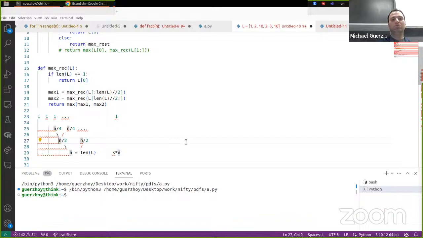So in total, you're creating two quarters here, and over here, you're also creating two quarters. So you are doing 4 quarters of L, which is the same as L, right?